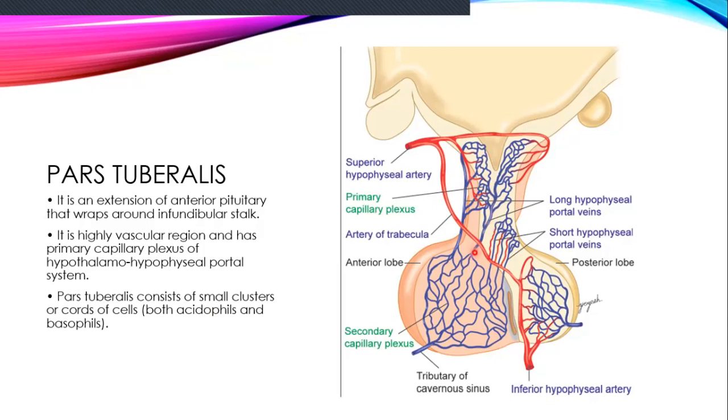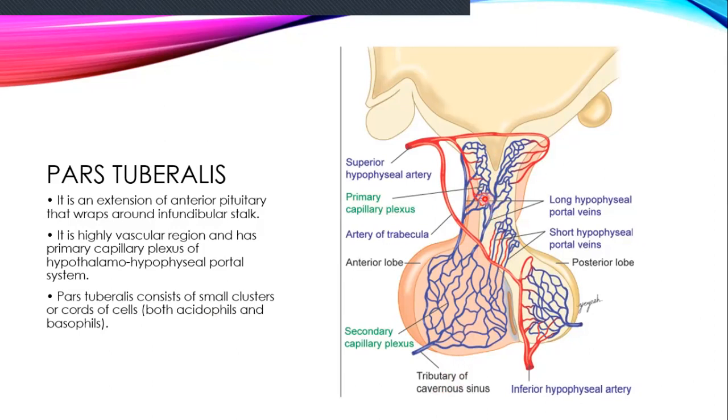Then we will have veins such as this, the long hypophyseal portal veins and the short hypophyseal portal veins, which drain blood from the primary capillary plexus to the secondary capillary plexus. Okay, then the secondary capillary plexus is drained by some veins which drain into the cavernous sinus.